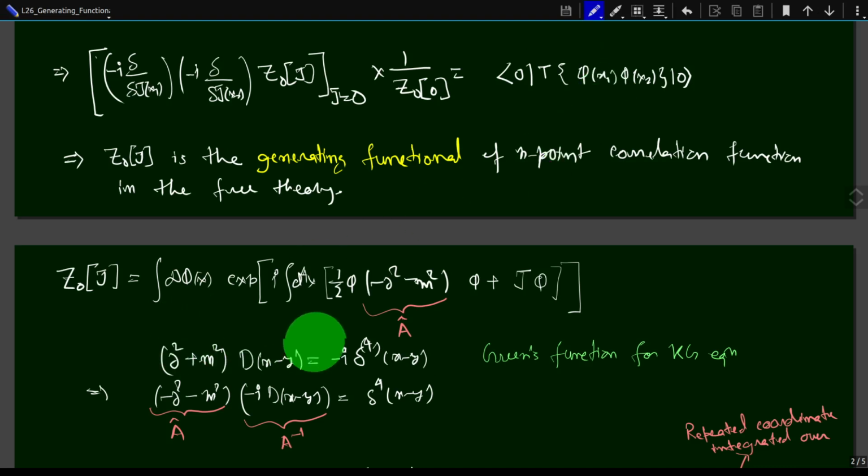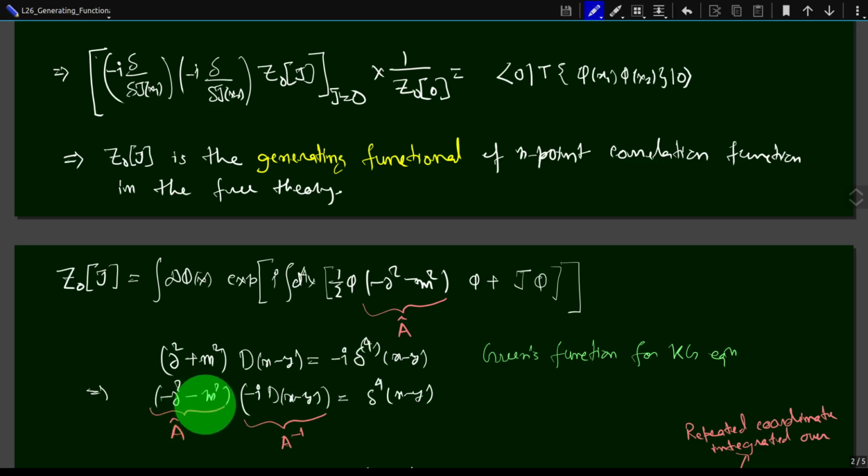So what I am doing here is multiplying the whole thing by minus i to get rid of this i, to make the operator into A, so that the right hand side equals the delta function.